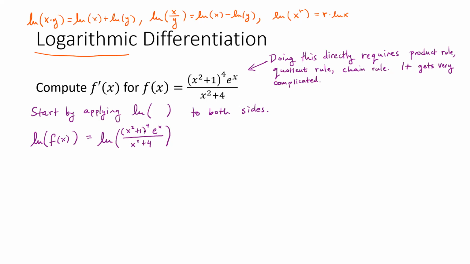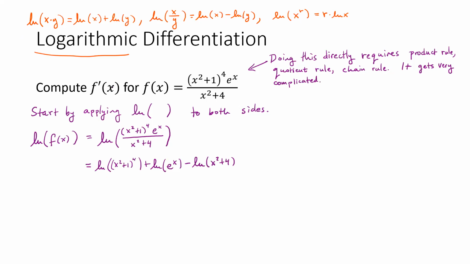In particular, I noticed that here we've got the product x squared plus 1 to the 4th times e to the x, and then divided by x squared plus 4. So let's start by splitting it up as ln of x squared plus 1 to the 4th, plus ln of e to the x, and then minus ln of x squared plus 4, just using those properties.